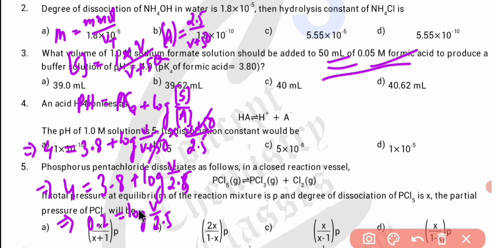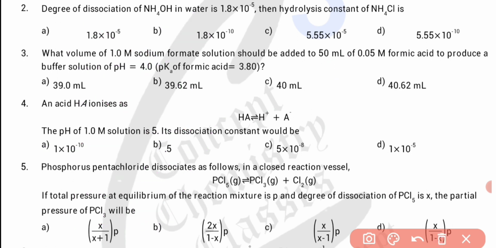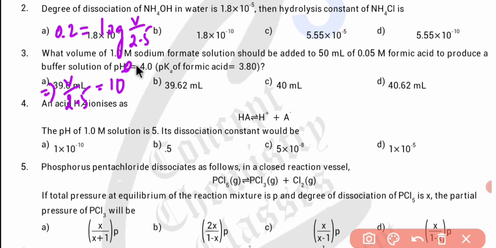To calculate the antilog of V upon 2.5, let me rough this out. 0.2 is equal to log of V divided by 2.5, so V divided by 2.5 is equal to 10 to the power 0.2, the antilog of 0.2, which comes out to be approximately 1.5.